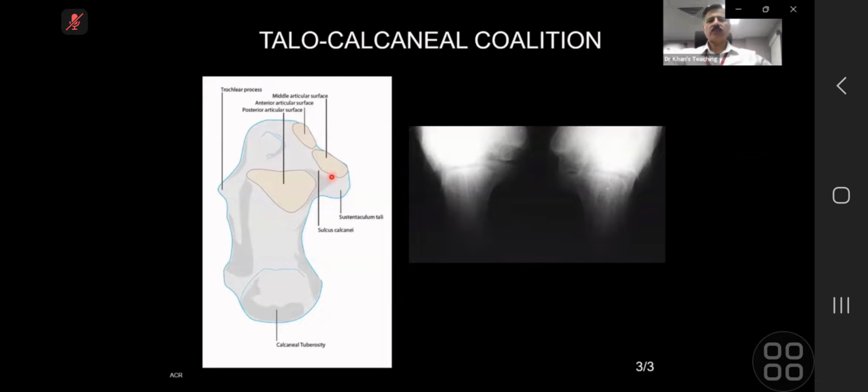This is where the action is. So the middle, you have to remember for the exam. Though it can happen in the posterior also. Now, your normal anatomy is that if you see, this is the sustentaculum tali. This joint here is the middle joint, right? And look at this middle joint, and you will agree that there is irregularity.